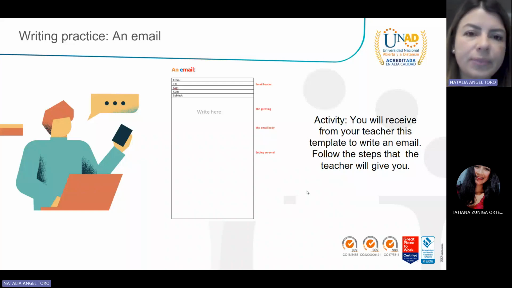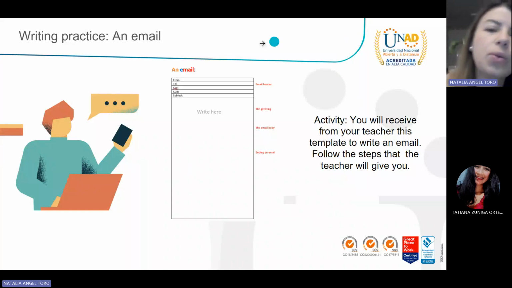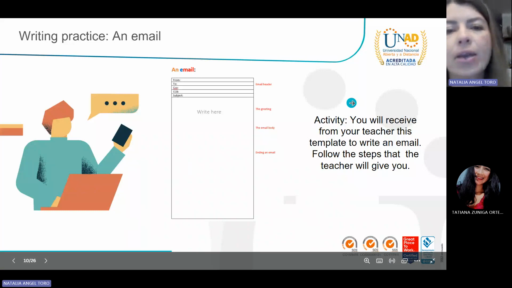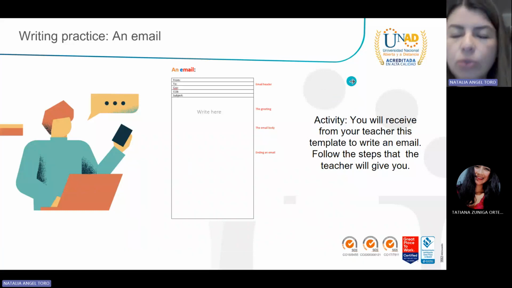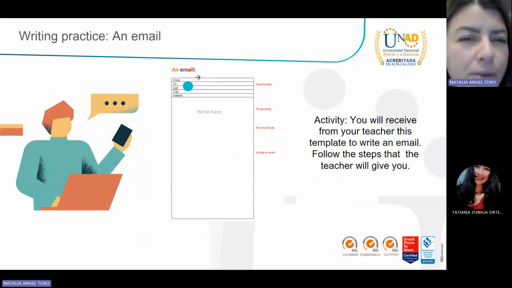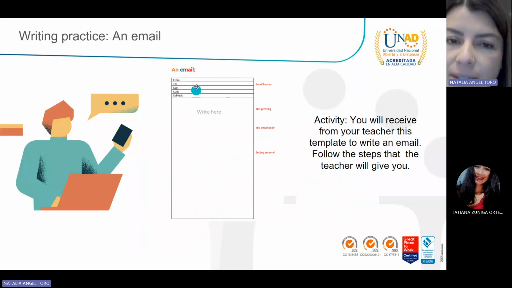Okay, Tata. So, we have here just a template or just a picture to guide the activity. If you can check here, we have some information required, and that information is related with the people who are interacting.